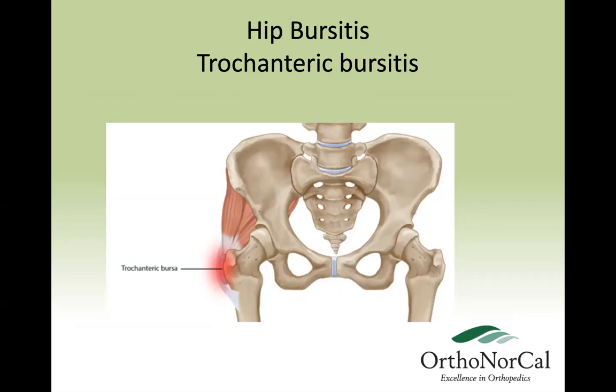In the case of the hip, it's the iliotibial band, the IT band, which runs all the way from the pelvis down to the tibia, just past the knee. That tendon, which is a flat sheet of tendon, not like a noodle but more like a sheet of paper, rubs right over the edge of the outside part of the femur called the trochanter, and it causes irritation. So one of the other things that we do in hip arthroscopy is address that.